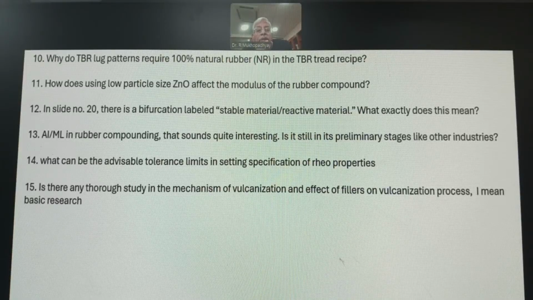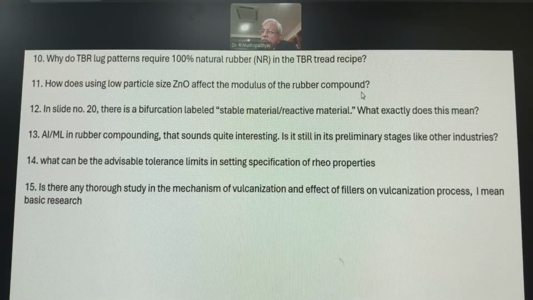What can be the advisable tolerance limit for setting specification of rheo property? Let me be very clear, the rheo property tolerance limit depends on the type of the compounds and other factors you have to consider. Why is the temperature 140, 160 degree rheo, or why do we do Mooney at 100 degree?